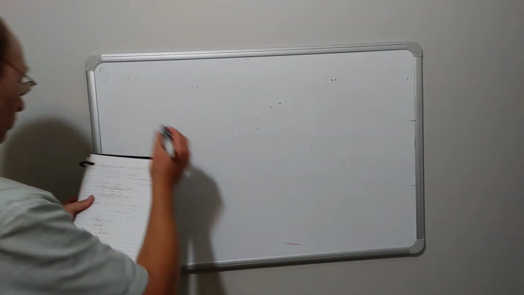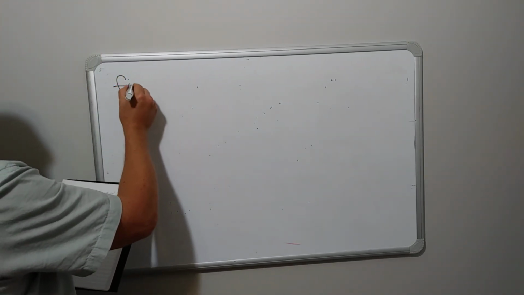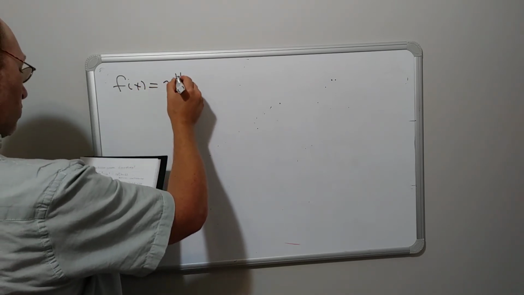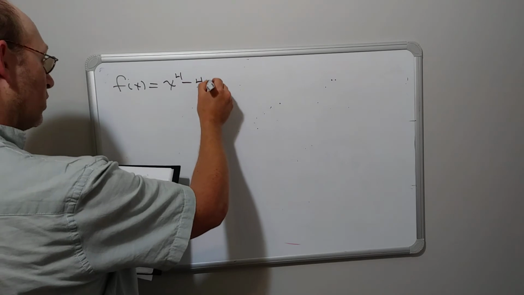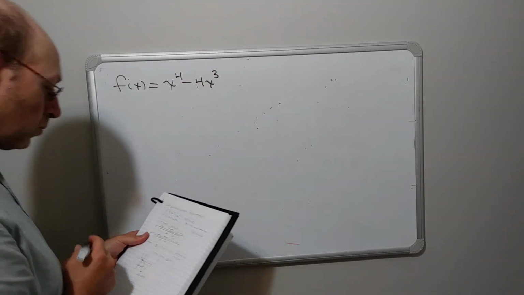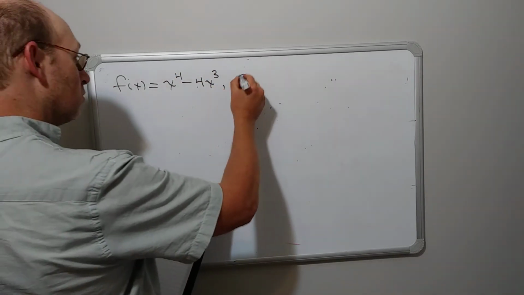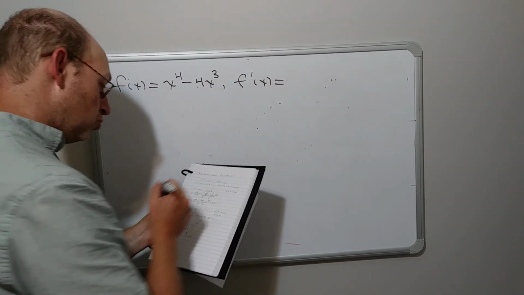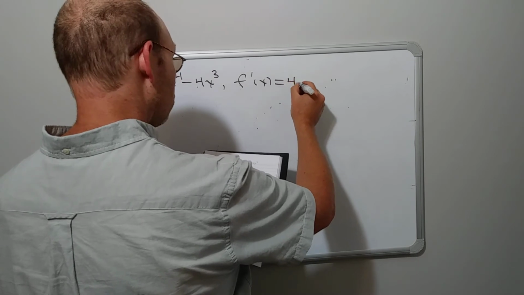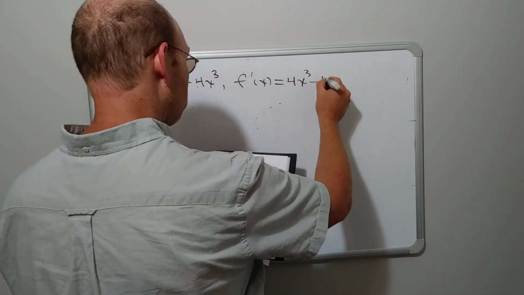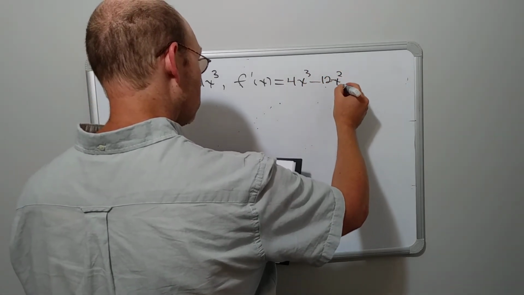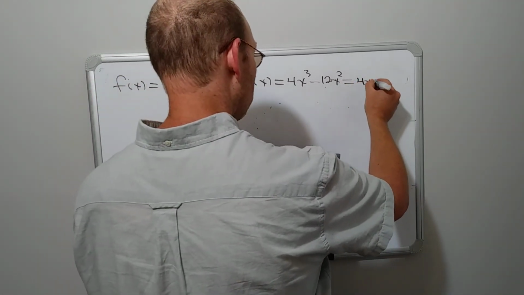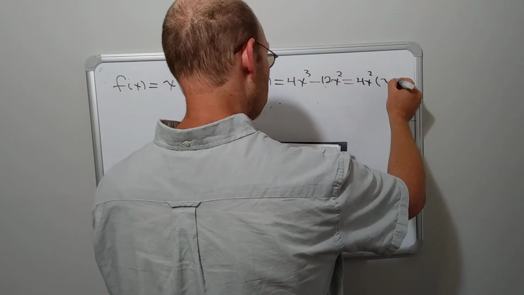Alright, so f of x is equal to x to the fourth minus 4x cubed. The first derivative is equal to 4x cubed minus 12x squared, which factors to be 4x squared times x minus 3.